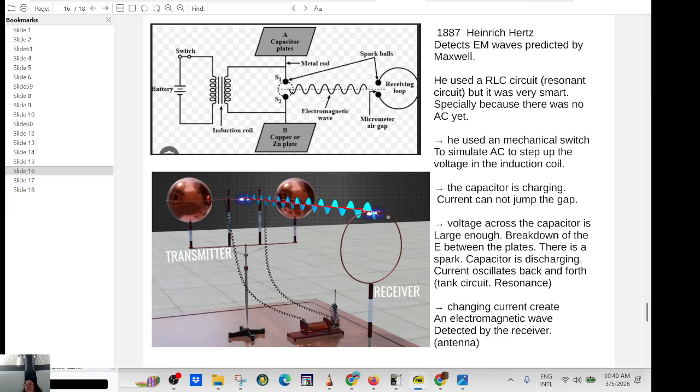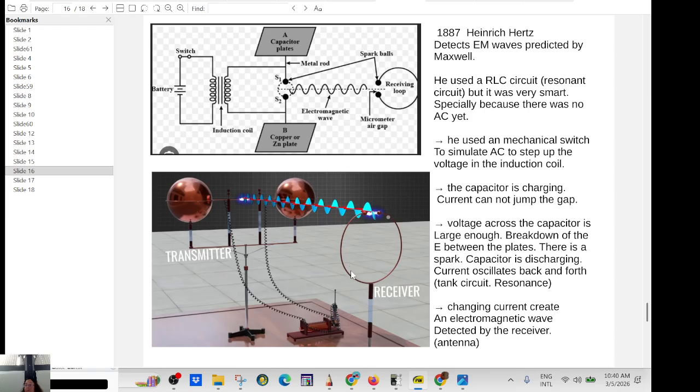Just by playing with those 4 equations, he predicted that light is made of an electric field that induces a magnetic field, that will induce an electric field, and so forth and so on. He also predicted the speed of light, but there was no proof. In 1887, Heinrich Hertz made that amazing setup. Like, you have to be a genius to do that.